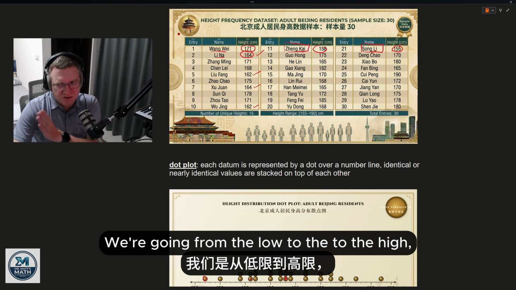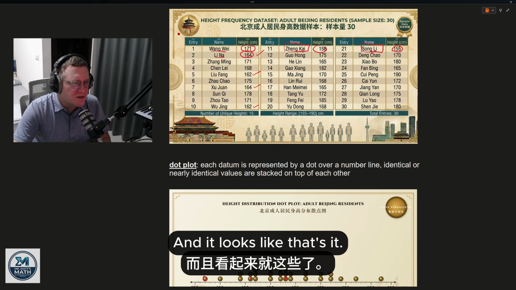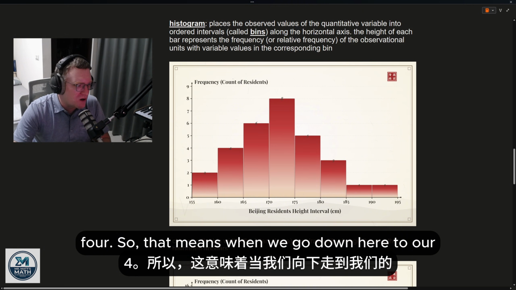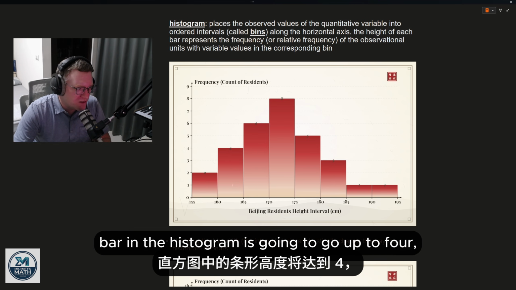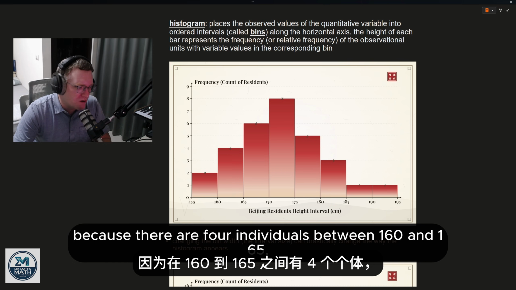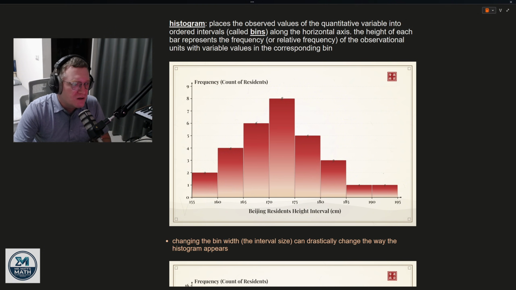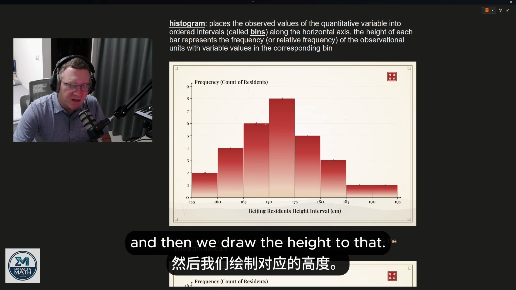We're going from the low to the high, but we're not going to include that high boundary. Okay, and it looks like that's it. There's no more. So there's 1, 2, 3, 4. So that means when we go down here to make our histogram, our next bar in the histogram is going to go up to 4 because there are 4 individuals between 160 and 165, and so on. And that's how we create our histogram. Okay, so we can see how many people are in each bin, and then we draw the height to that.